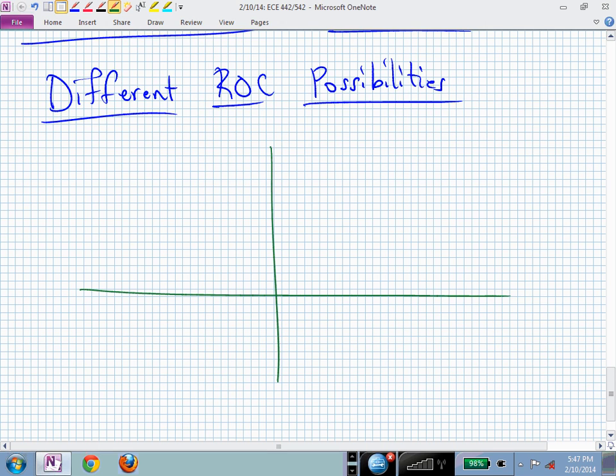I'm trying to color code this, meaning all the notes that I write for that region, I need to stay in green. I'm going to have multiple regions of convergence. Let me draw my poles in red. That pole is at 1/2. This one's at 3, and that one's at 4.